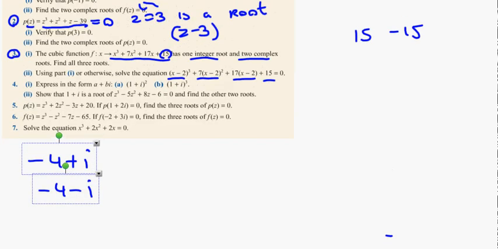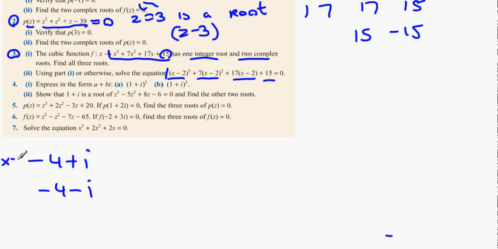The coefficients being 1, 7, 17 and 15, and we can see it's the exact same thing, 1, 7, 17 and 15. So these are the x answers, or the old answers, and this x value has now been replaced with x minus 2. So instead of x, it's now x minus 2.